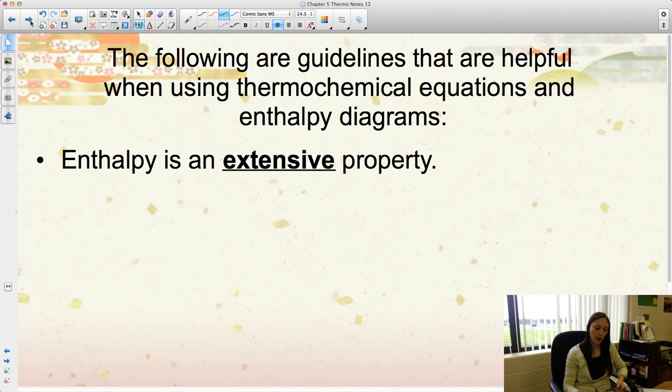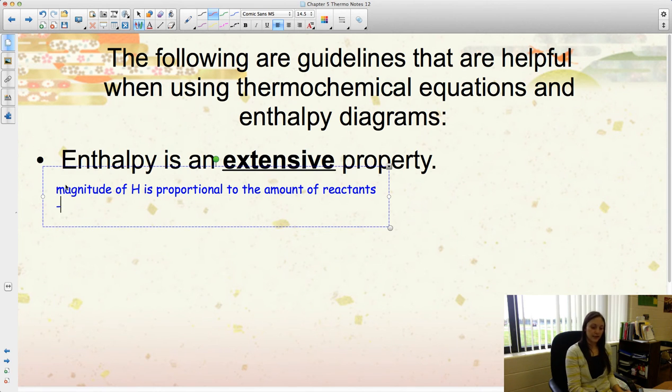An extensive property depends on mass or changes with the amount that I have. So the magnitude of H is proportional to the amount of my reactants. And like I said before, if you double or halve a coefficient, that's the same thing you have to do to the delta H. That's the first big guideline.